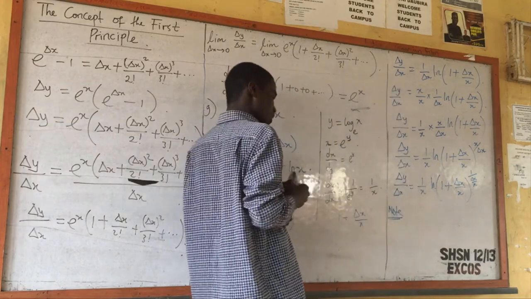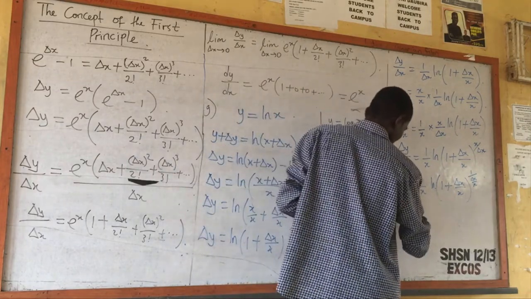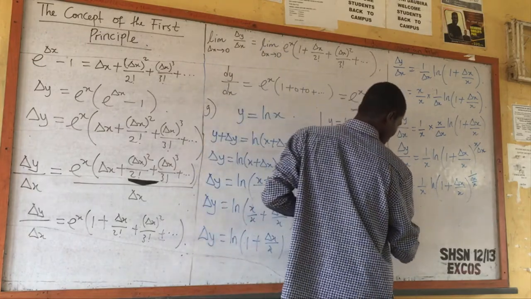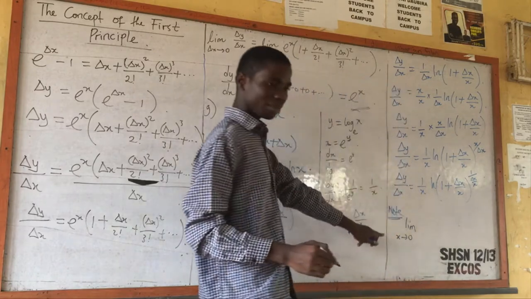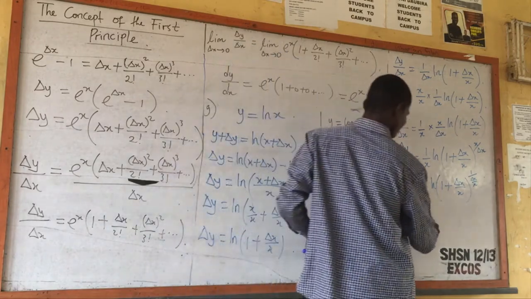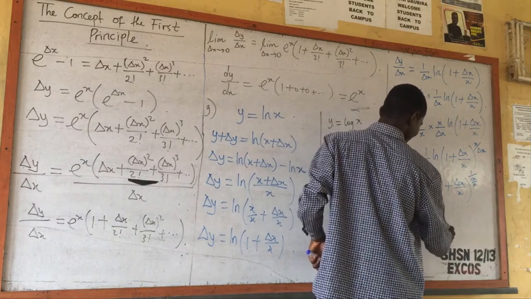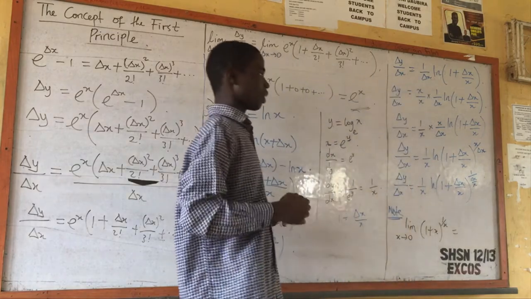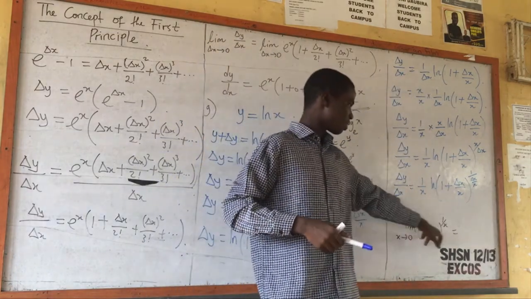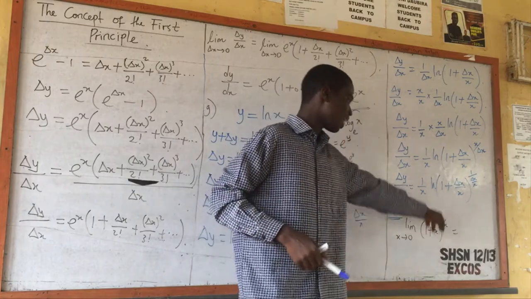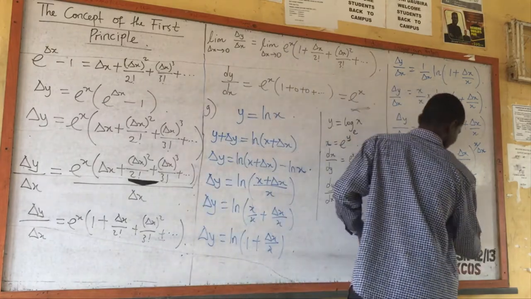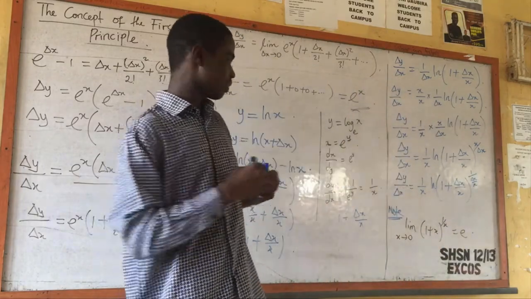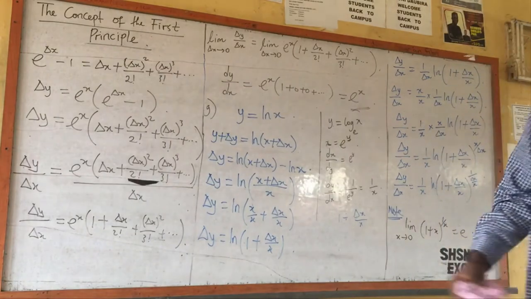When you take the limit as s goes to 0 of 1 plus s raised to power 1 over s, the answer you obtain will be e, the exponential. So that is what I'm trying to do here.